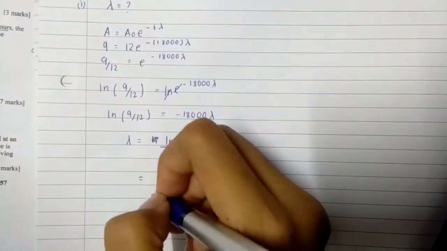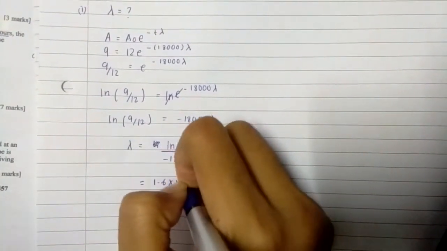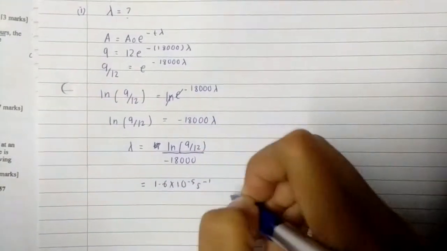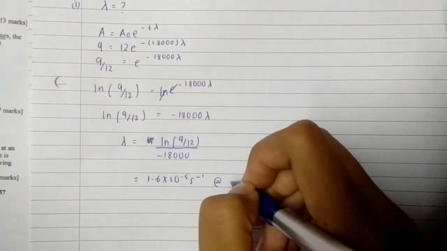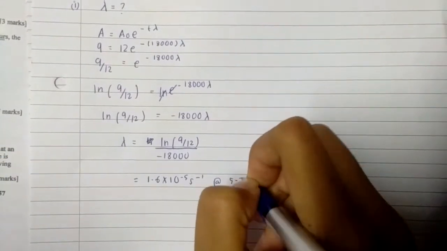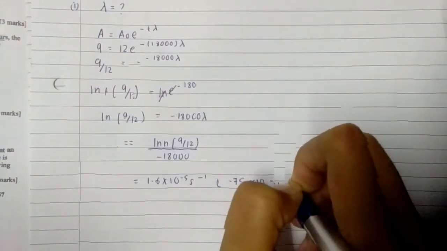Decay constant, you will get 1.6 times 10 to the negative 5 per second, or if you use time in hours, you will get 5.75 times 10 to the negative 2 per hour.